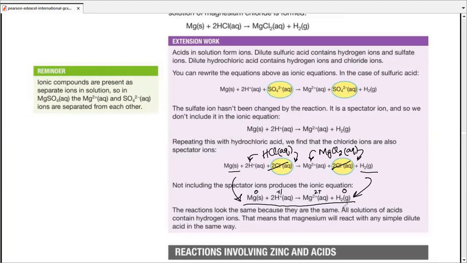So we can safely say that it got reduced in the reaction because magnesium lost electrons and hydrogen ions gained them. So writing Ionic equation can give us a pretty good idea of whatever redox reaction, reduction or oxidation happen in the overall reaction. That's why we write Ionic equation.